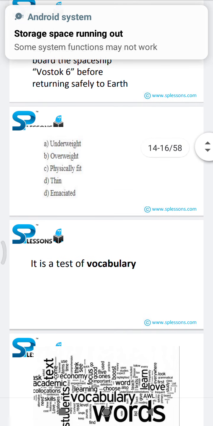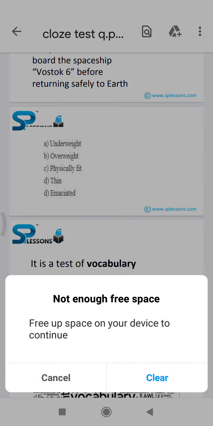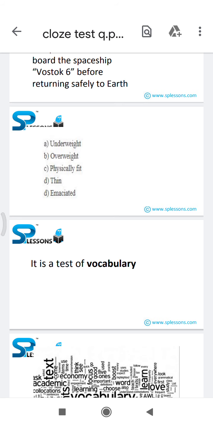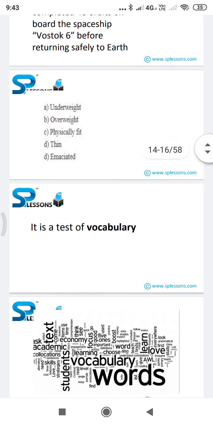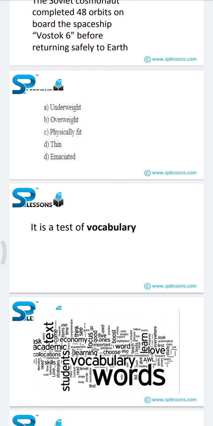Let's check. As I have mentioned, the options are very similar and confusing: underweight, overweight, physically fit, thin, emaciated. All these options are quite similar and confusing. Sometimes we wonder what to choose.